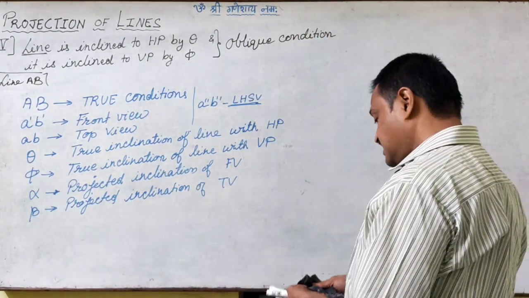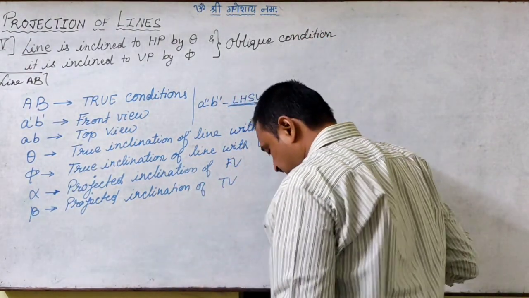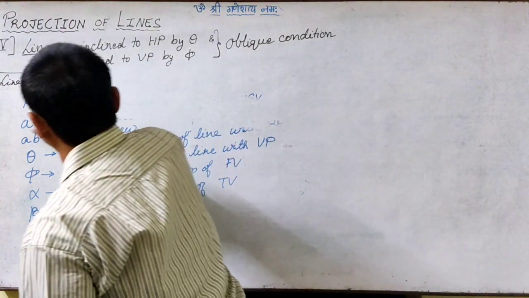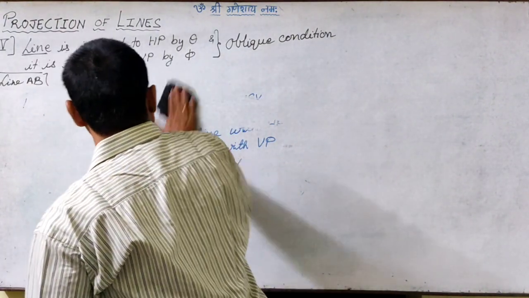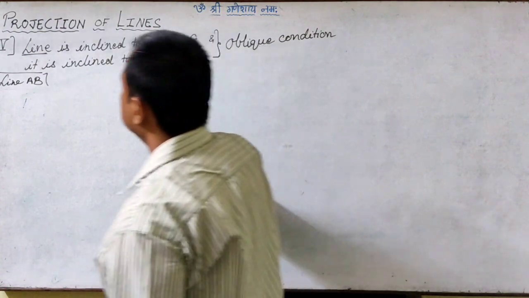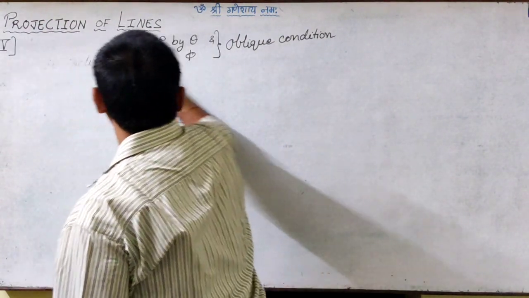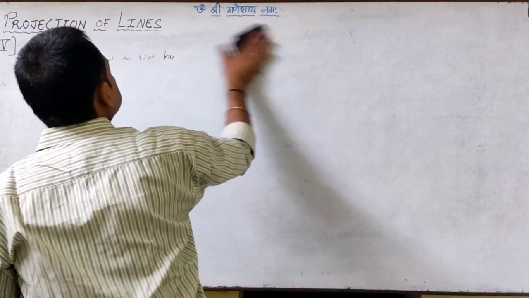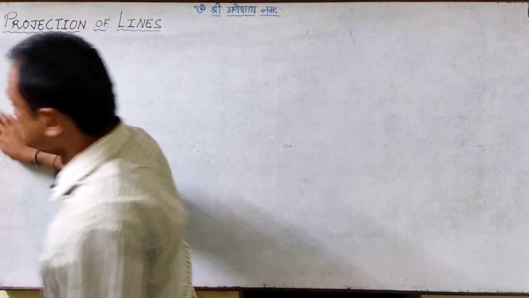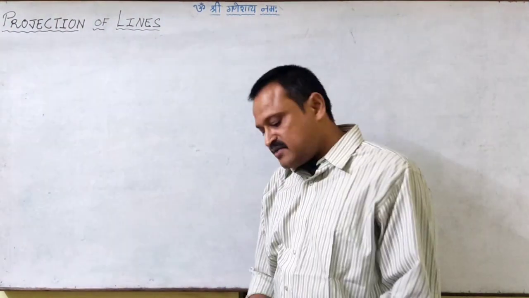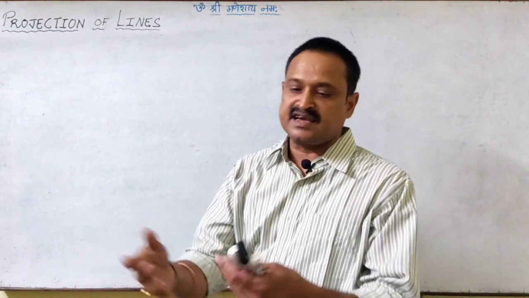So now let us see how we can determine the true conditions of a line when the projection is known to me, or if I know the conditions of the line, I can get the projection.